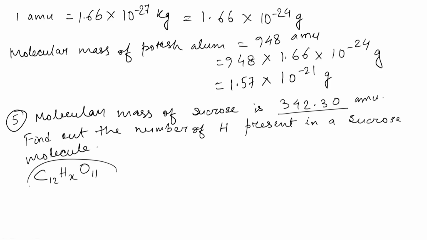Okay. So if the number of H is given unknown, okay, so we will calculate like this. We know the mass of carbon, we know the mass of oxygen, we know the mass of hydrogen as well.